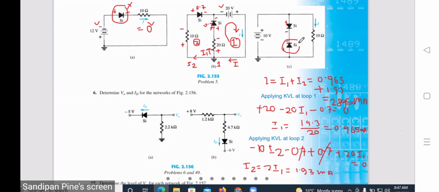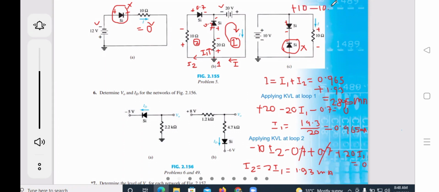The line is only this. So there is a complete 10 volt drop here. Current is going like this, so this side plus, this side minus. If we apply KVL here, minus to plus, plus 10, plus to minus, minus I into R. So 10 into I equals to 0.